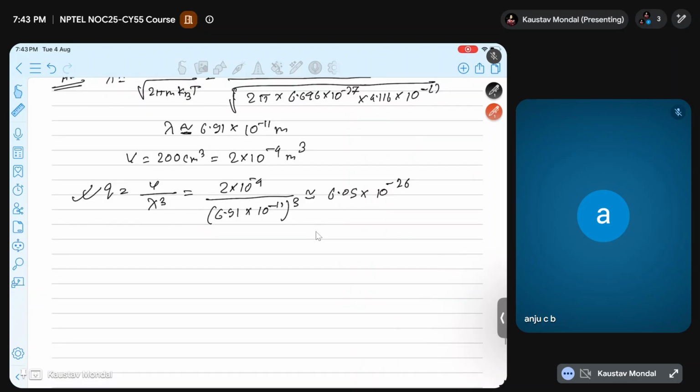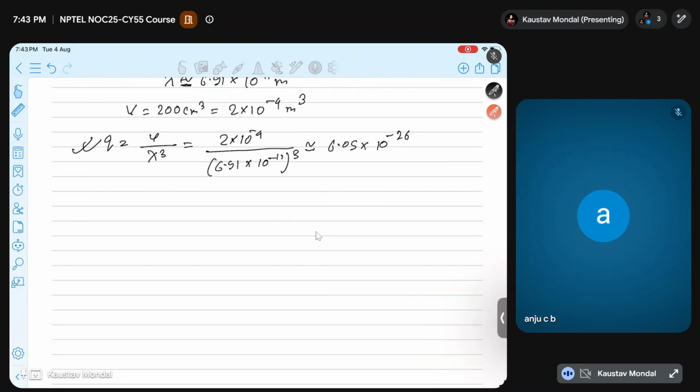Next is the last problem, where we will check the case of an argon atom.